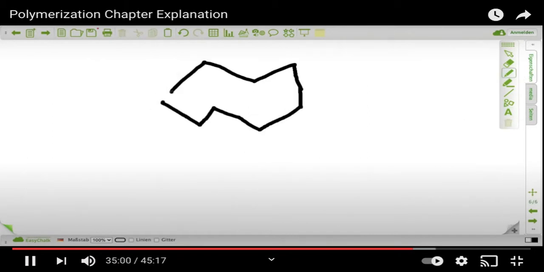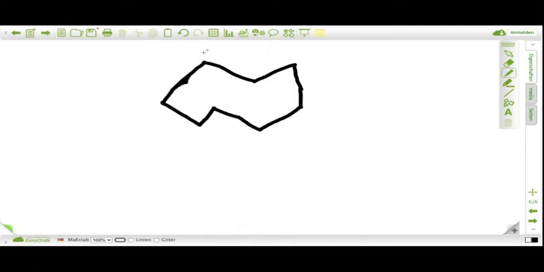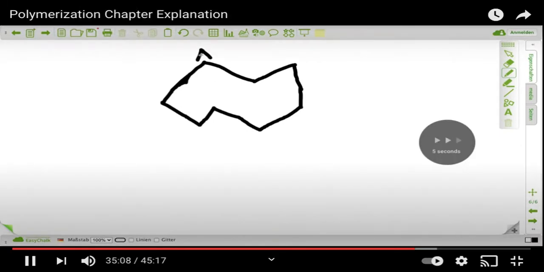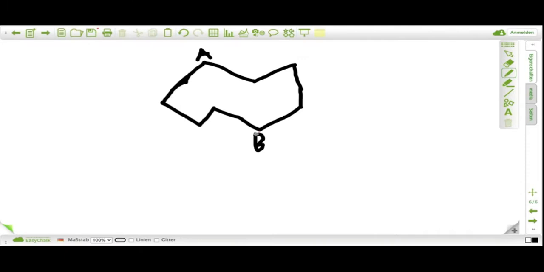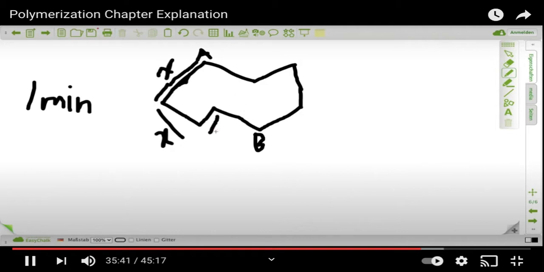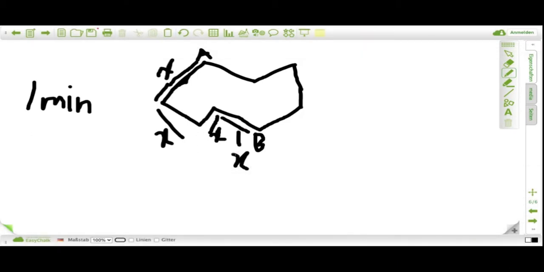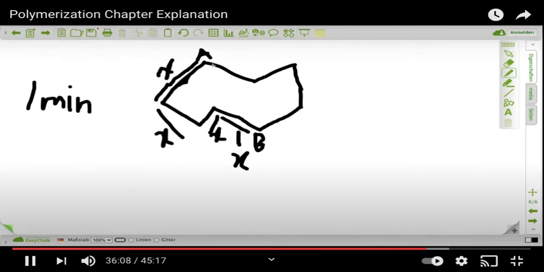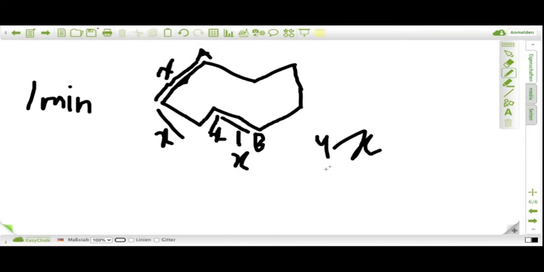Now this is the explanation. As I told you, it's x by 15. Here's the explanation.